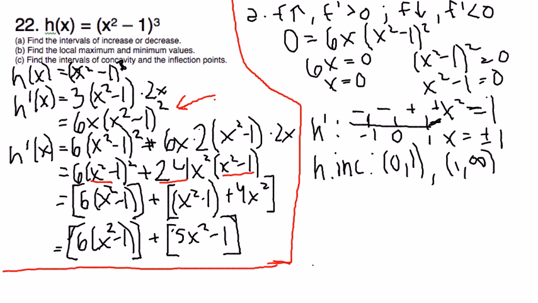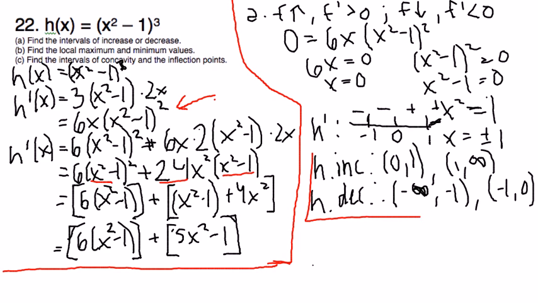And then for decreasing, we can see that it's from -infinity to -1, and -1 to 0. So that means that this is your answer for part A.